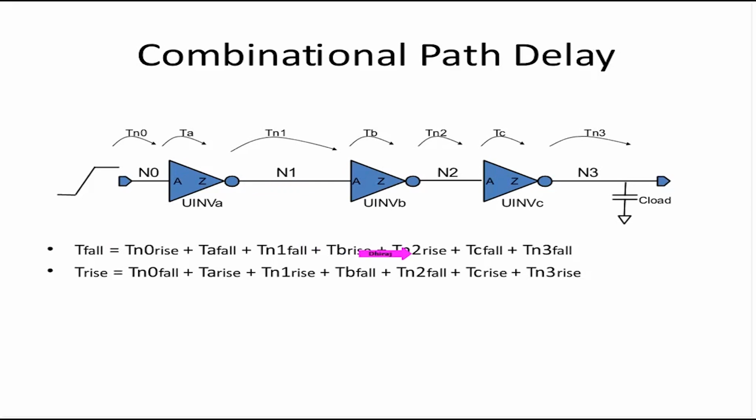This is a very simple equation, not much to worry about. You can read about it. To calculate the rise delay at any node, PrimeTime will go back to the first input port or to the first sequential cell it encounters. Remember, it will break the complete design into different timing paths, and then for each timing path it will calculate the delay. This is how it calculates the delay.